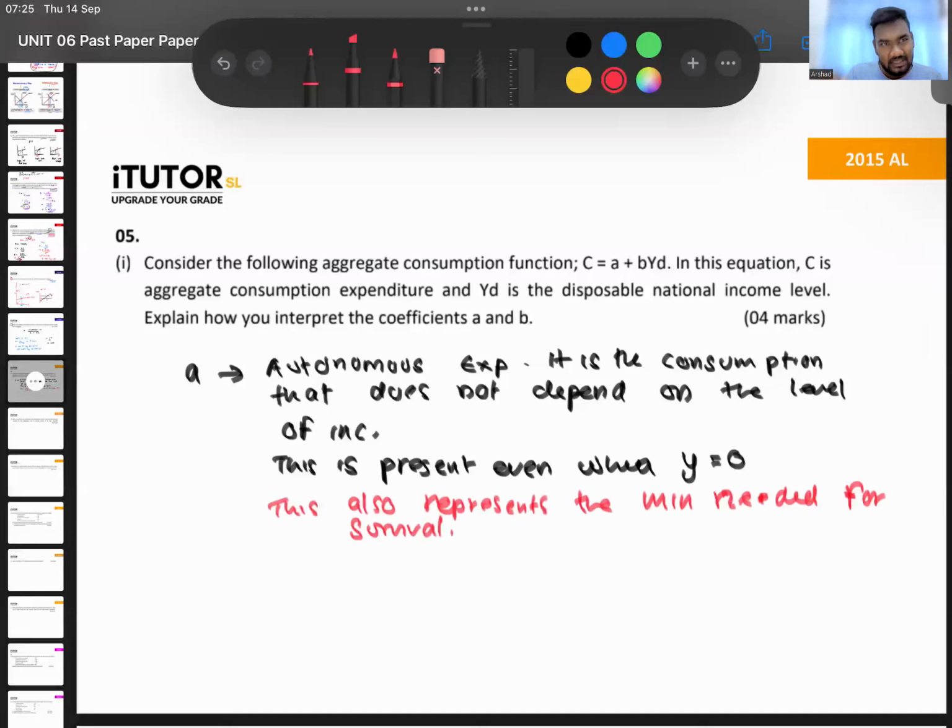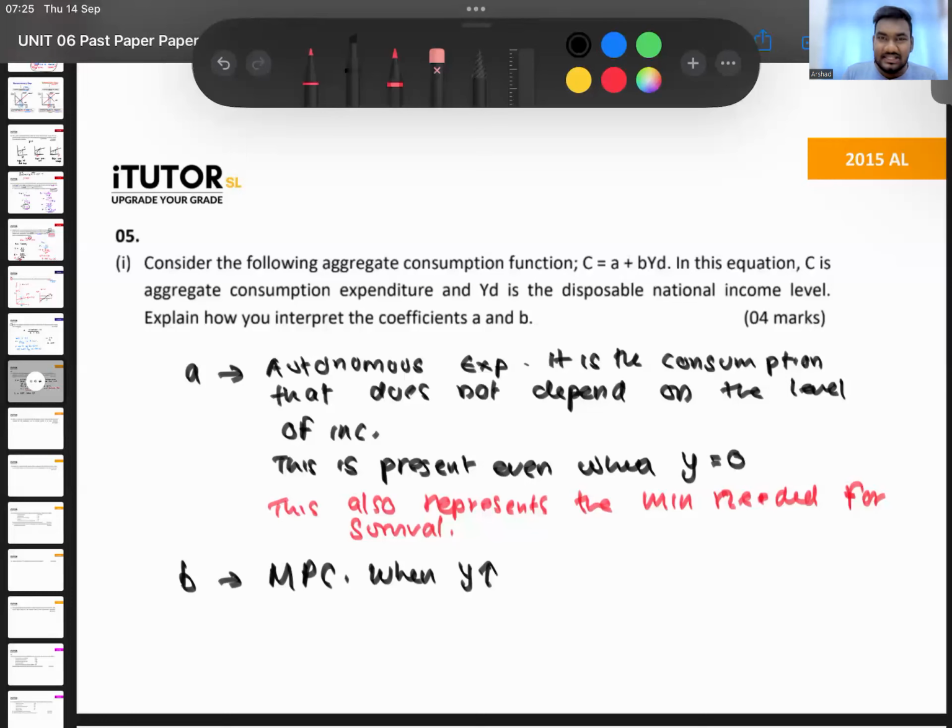Yes, that's 4 marks. Interpret A and B. Then you go to your next one, to interpret your B component. What is your B, guys? This is also known as the marginal propensity to consume. What does this show? This shows that when income increases, what portion of it is consumed?